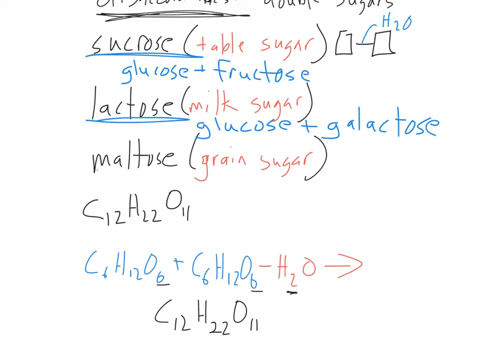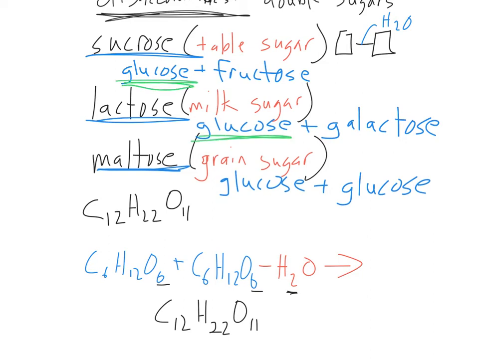Maltose is going to be the hardest name to remember, but it's the easiest one to remember what makes it up because it's just glucose plus glucose. So what do we notice all three of these have in common? It's glucose plus something. Good. It's glucose plus something. Very good.